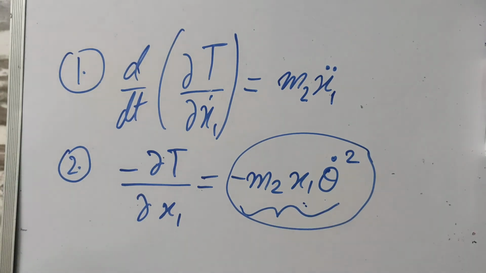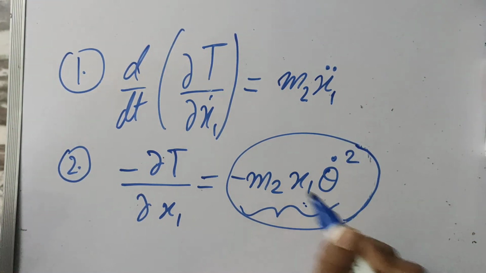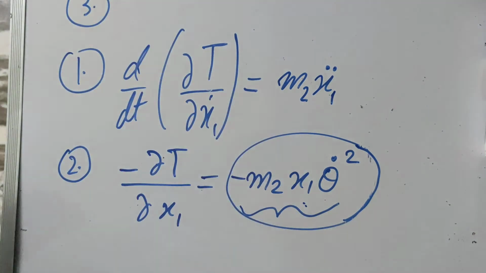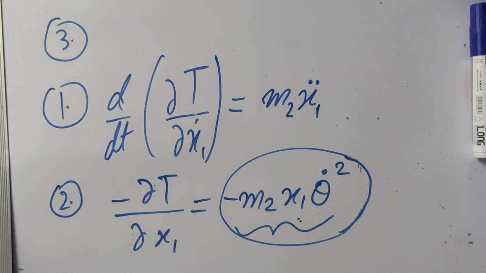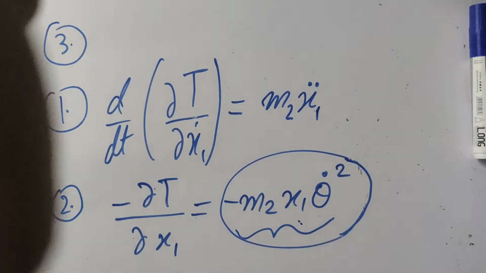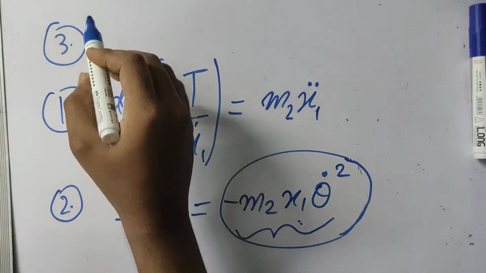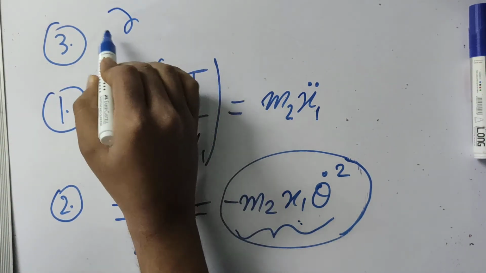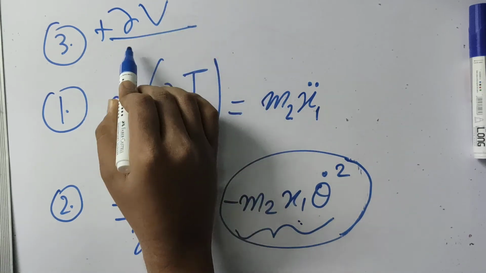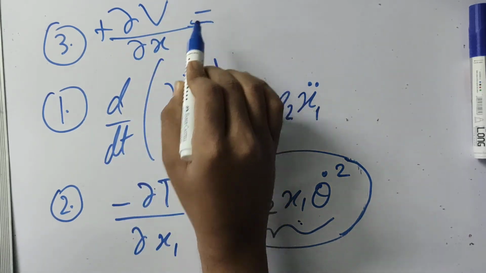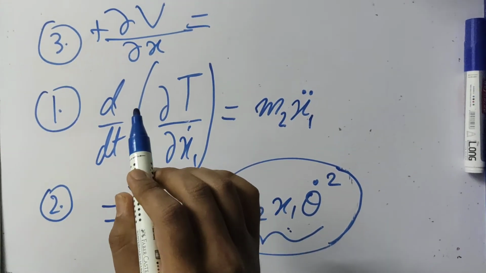And what is the third term? Okay, I'm not rubbing this. What is the third term? The third expression, is it visible? Yeah, I hope it's visible. And the third expression turns out to be positive partial V with respect to partial x. And that is basically, oh, it gets tilted.